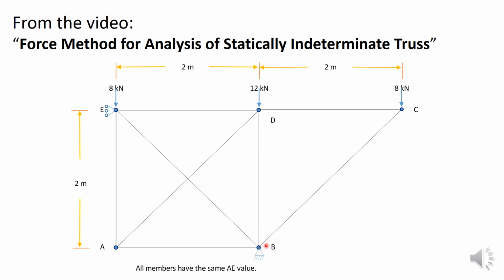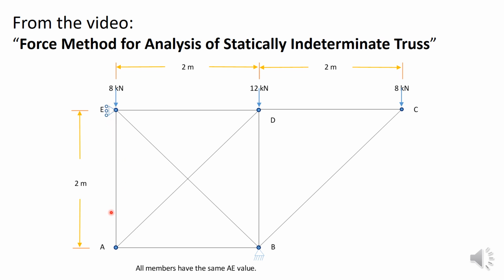It's free to rotate, but no horizontal or vertical displacements. At E, you have a roller support, so it's free to move vertically but not horizontally. The loads are shown: 8 kilonewtons at C, 12 kilonewtons at D, 8 kilonewtons at E.